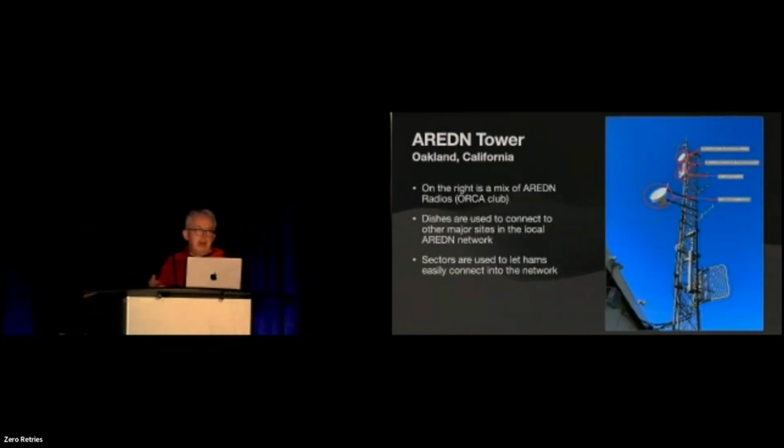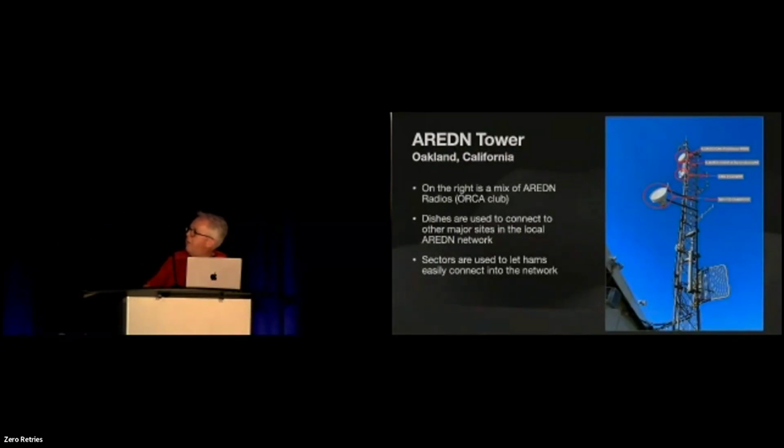And then, of course, we have our local ham clubs who will put the AREDN stuff up on their towers. This is sharing space up in the Oakland Hills. I'm from Berkeley in California. You could tell by the accent, I'm sure. This is up in the Oakland Hills, not too far from where I live. We have radio stations up there, and they share tower space with those folk.